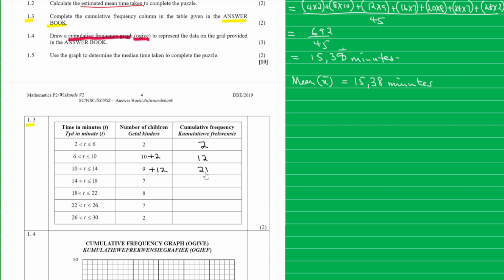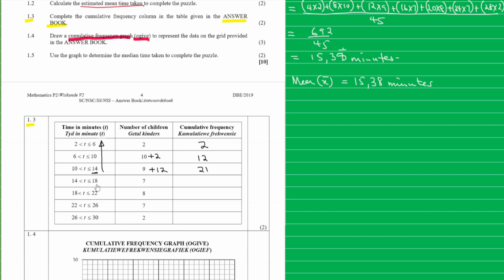So the values that we get here are cumulative frequencies. In other words, this 21 means 21 children spent 14 minutes and below to complete the puzzle.